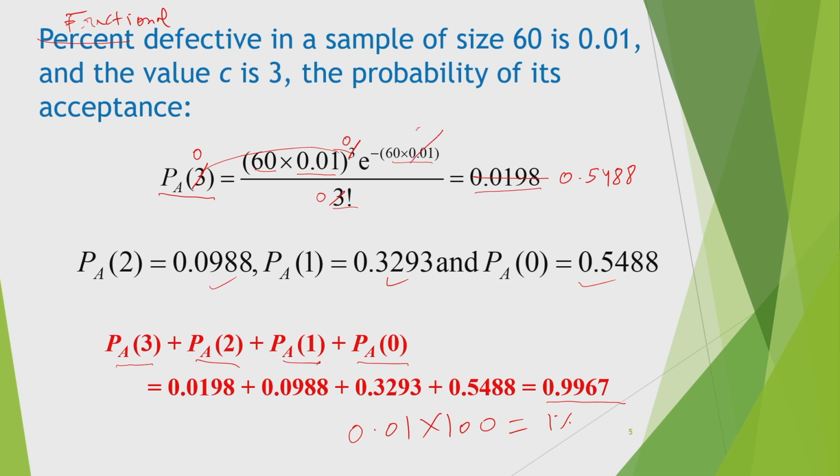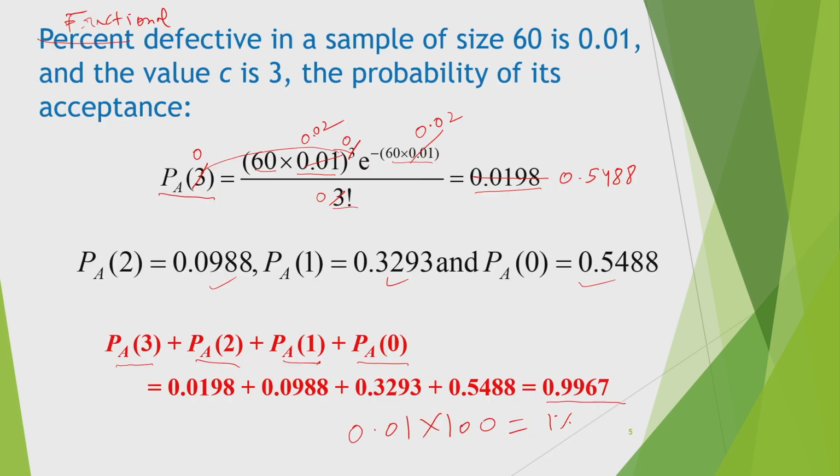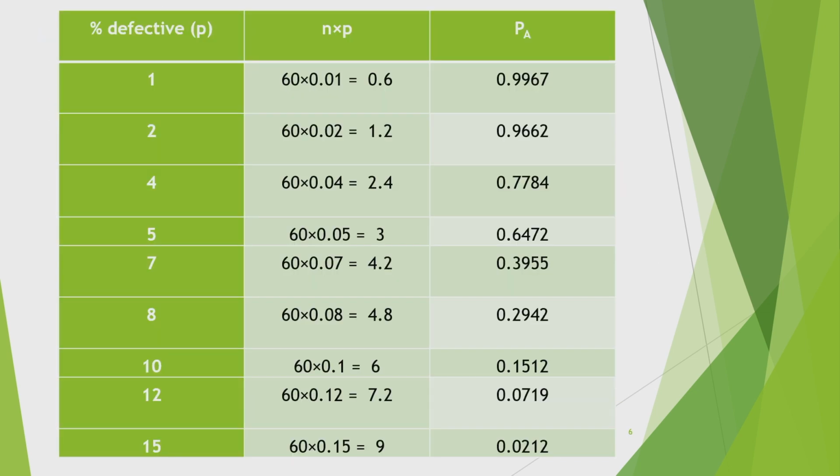So these two changes, 0.02 here, 0.02 here, other portions of the formula remain same. If I want to make 3% defective, then instead of 0.02 I write 60 into 0.03, and then e to the power minus 60 into 0.03. So like that we will be doing that, and corresponding probabilities I will be evaluating.